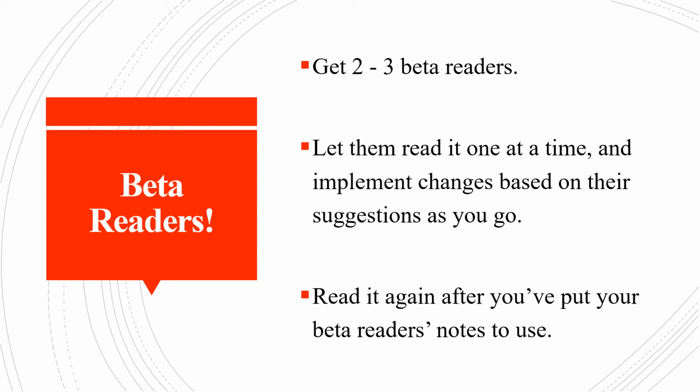If you have 3 beta readers giving you their notes at once, it can be very overwhelming, which is why I suggest to do it one at a time. And this also gives you the opportunity to see if they all agree on a certain point in your manuscript that they think might need some work. Read it again after you've put your beta reader's notes to use.